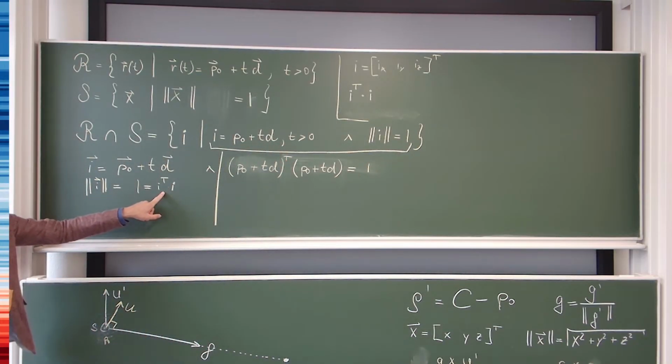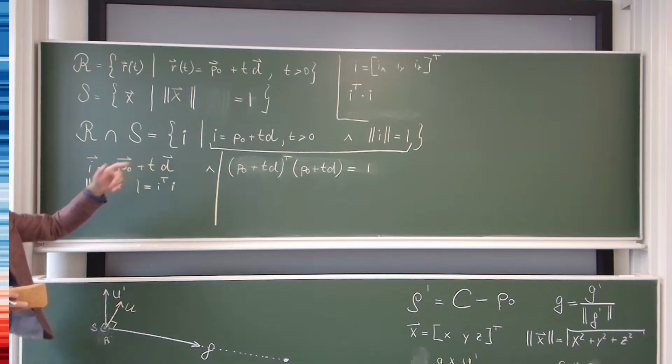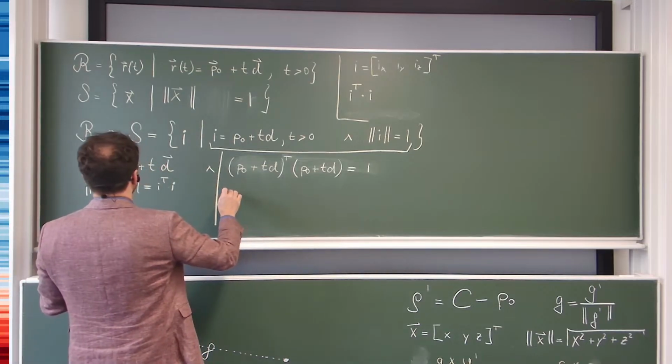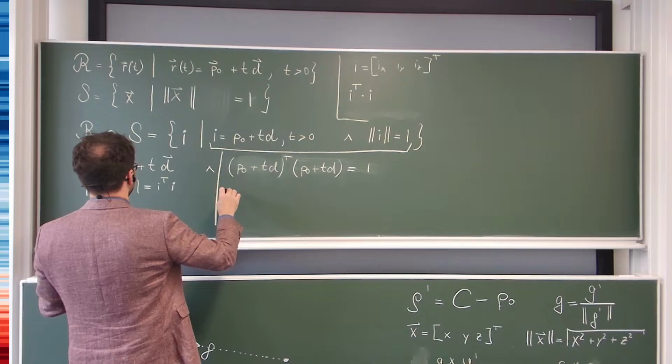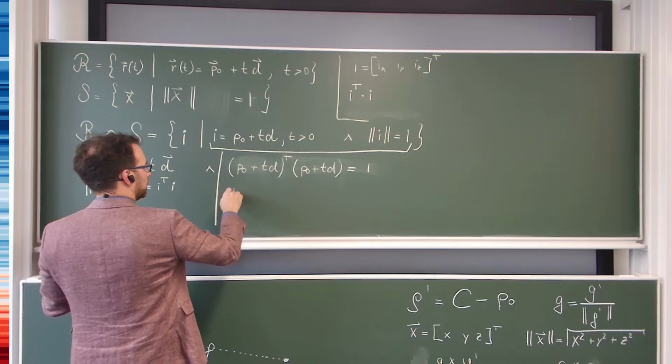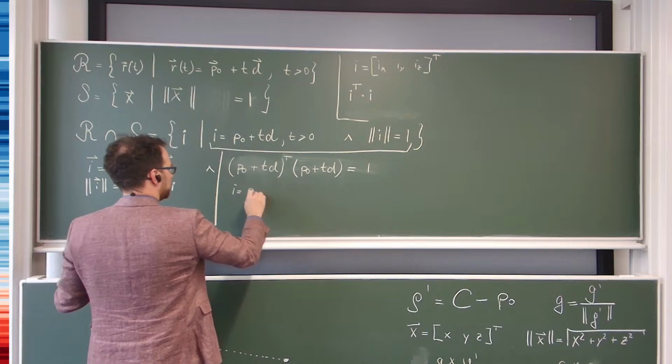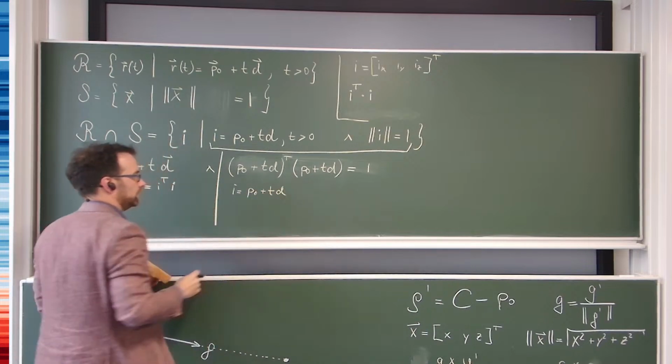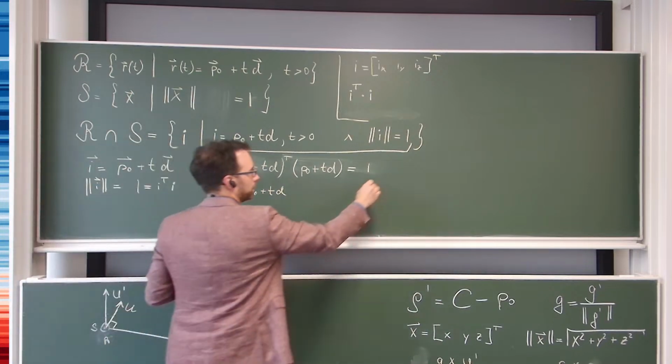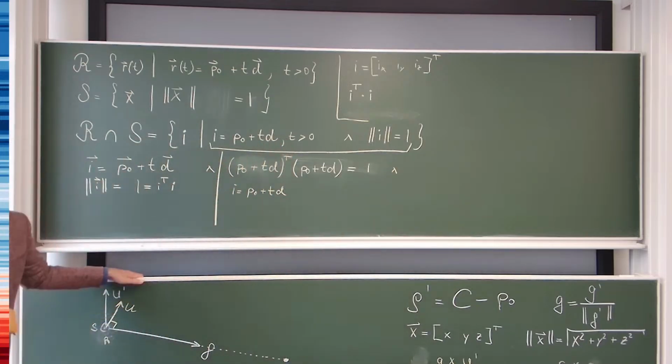That is this equation. I flipped both, and we have then in the end I equals P0 plus t D. We need the second equation. Okay?